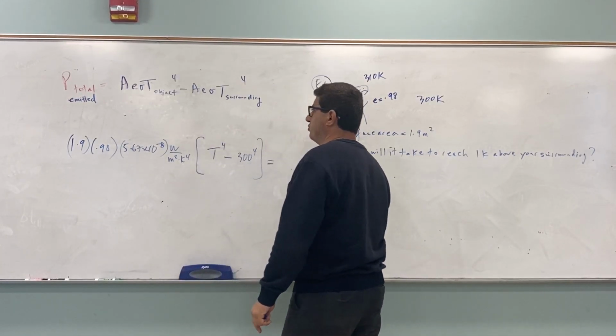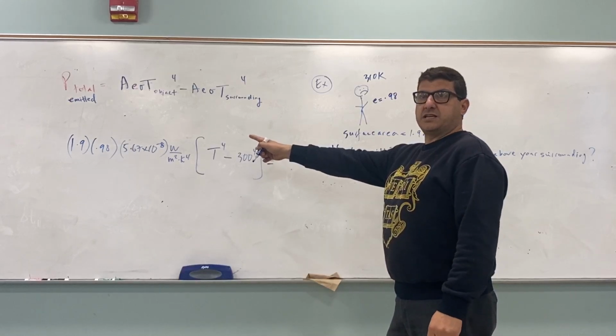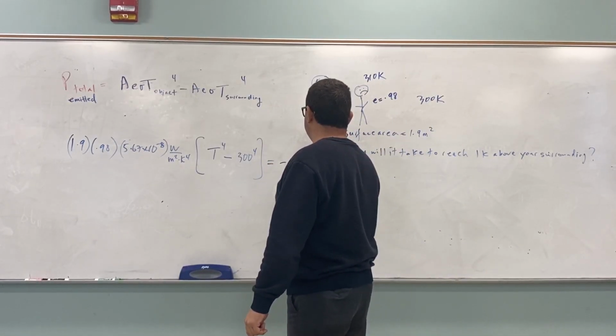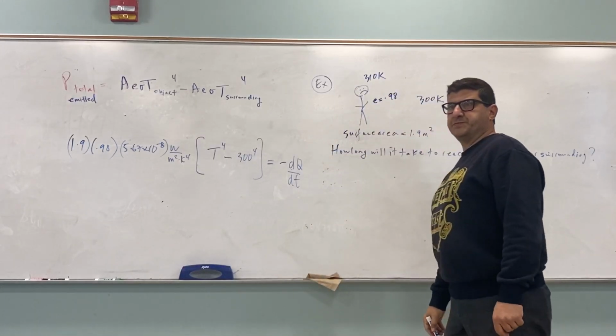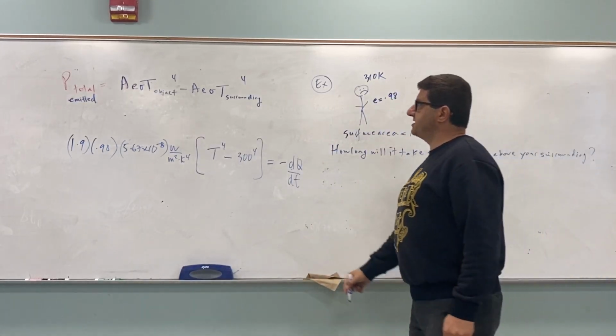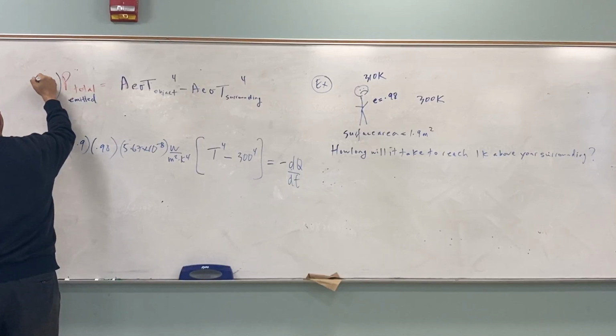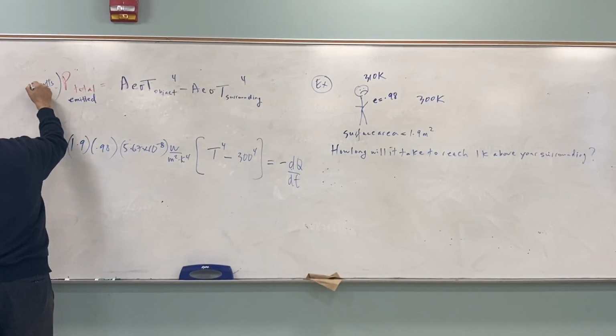Now that's equal to what? Because you're radiating heat, we say negative dQ/dt. Why? Because this is units of power, which is watts, which is joules per second.